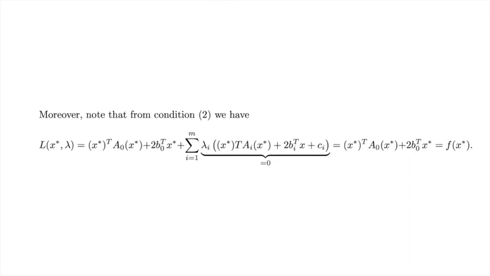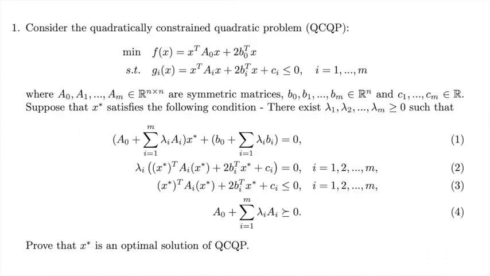We need to show that all the conditions in the KKT conditions apply. So we need to show that the sum over lambda_i times the constraint at point x star is 0. So this is the Lagrangian at point x star. This is the definition of f, and those are the constraints. And we know that this is 0. Why do we know that this is 0? Again, we can go back to the things we were given about x star.